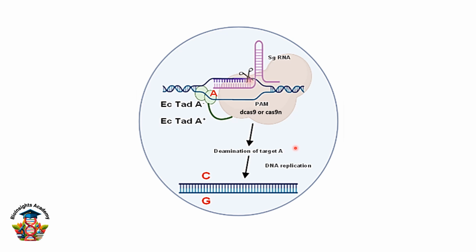So the process involved targeting a single locus, creating a staggered cut or nick, and achieving the desired base substitution. The Cas9 nickase creates a single strand nick in the non-edited strand opposite the deaminated adenine, and this nicking helps to stimulate the DNA repair process, enhancing the efficiency of base editing.